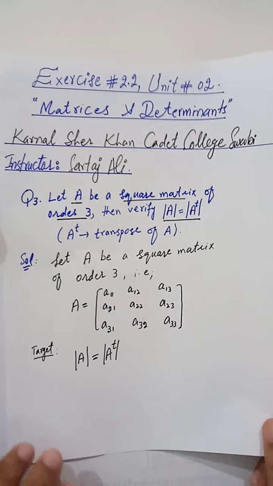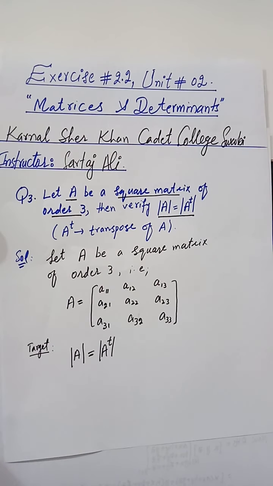Now you know what is the transpose of a matrix. Transpose of a matrix is obtained when you interchange rows into columns or columns into rows. Mean if you write the first row in first column, second row in second column, third row in third column, or first column in first row, second column in second row, third column in third row, so that is the definition of the transpose of a matrix.